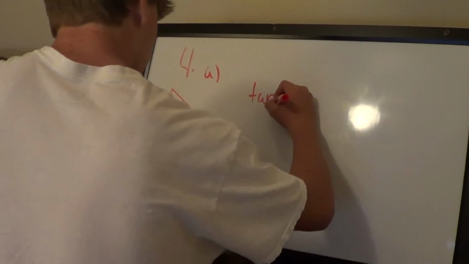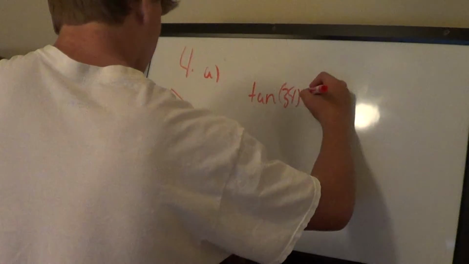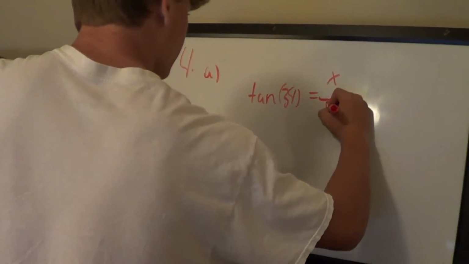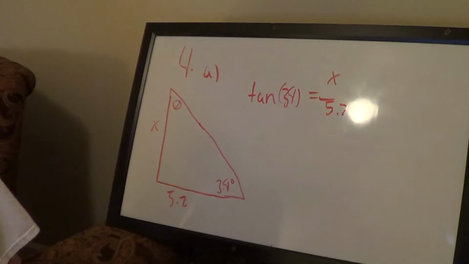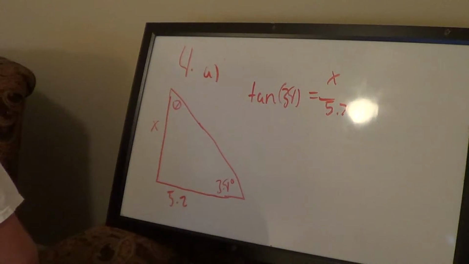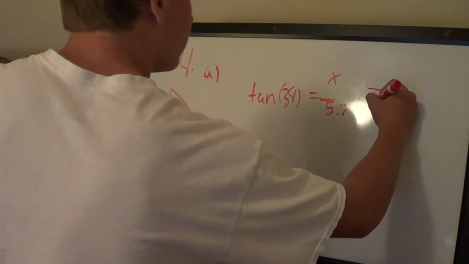Tangent of 34 equals x over 5.2. We multiply both sides by 5.2.